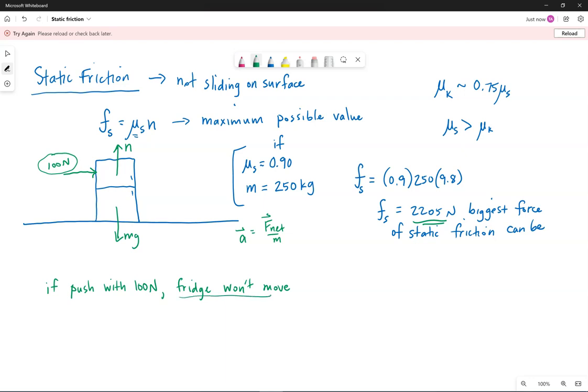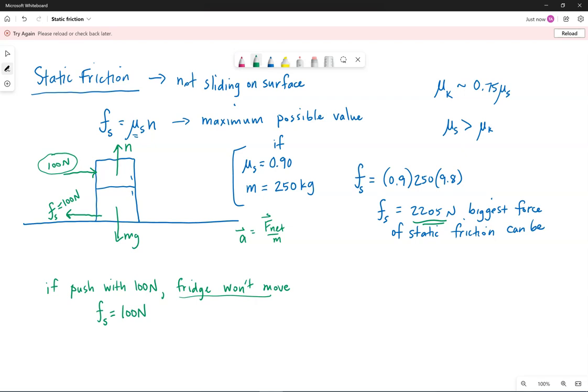But we're not pushing hard enough to make the fridge move. So what that means is there is a static friction force between the feet of the fridge and the floor, and it is 100 newtons. The static friction force will be 100 newtons in this case.